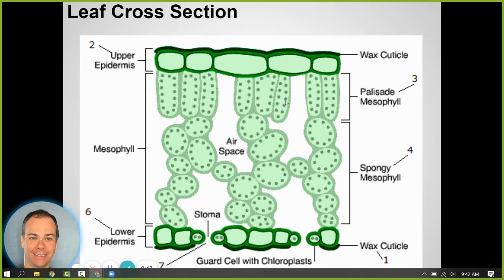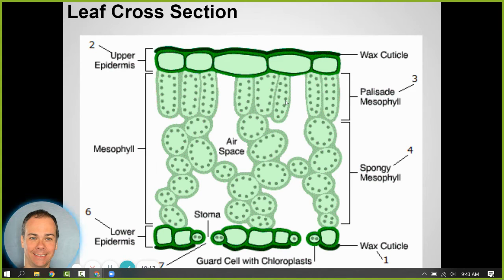However, when these stoma are open like this, there's a problem sometimes. They also can allow water to escape from the leaf. And so on each side of the stoma, the opening, there's these two special cells that are called guard cells. These guard cells can swell up and close, or they could open, and they help the leaf maintain homeostasis.